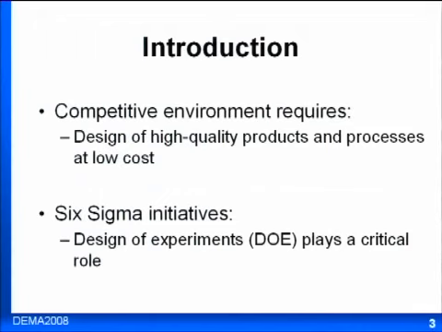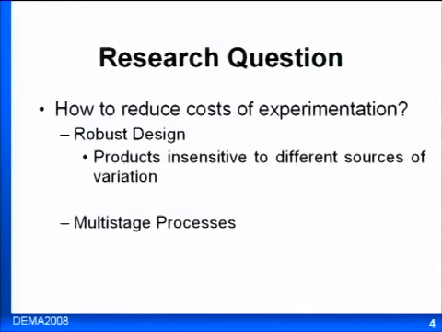So the main motivation for this topic is industrial applications. In industrial applications, a major concern is cost. So our research question is, how can we reduce the cost of experimentation? And we're considering two basic scenarios: robust design applications, where we are interested in products that are insensitive to some different source of variation, and also multistage processes.